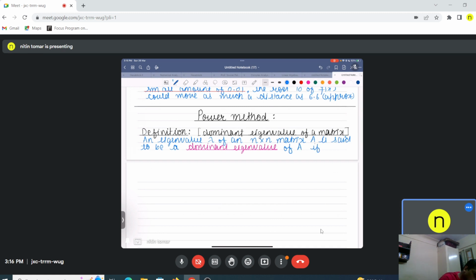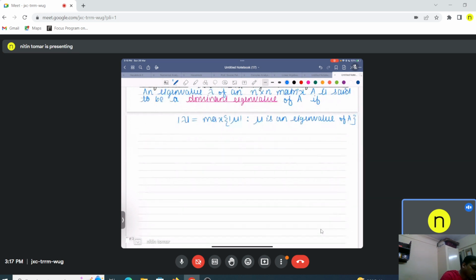if this eigenvalue is the maximum among all the eigenvalues, that is, maximum mod mu, such that mu is an eigenvalue of A. Okay.